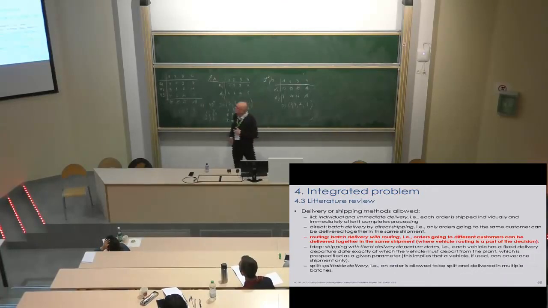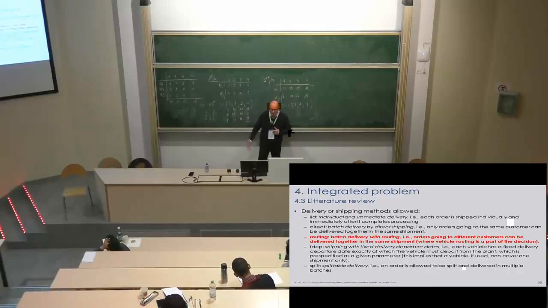About the delivery or shipping method, you have different possibilities to put in the field. One possibility is routing. Routing means that batch delivery is done with routing. It means orders going to different customers can be delivered together in the same shipment. So vehicle routing is part of the decision. So we can use this notation for our problems.